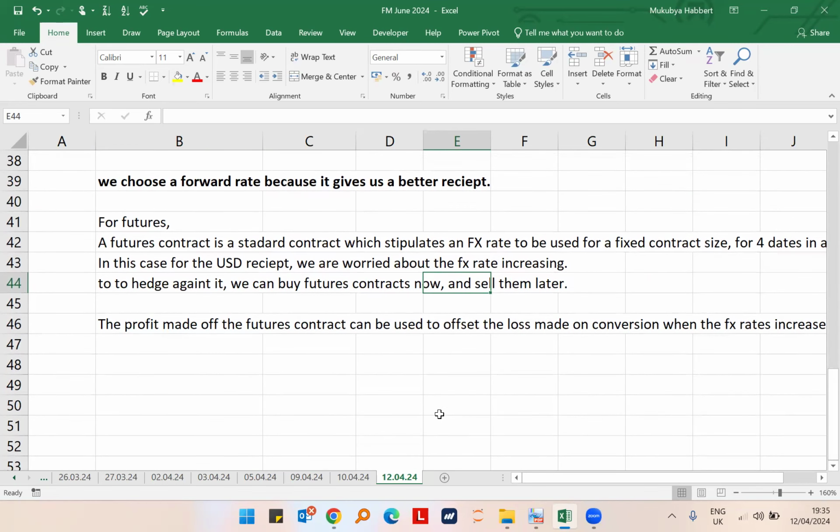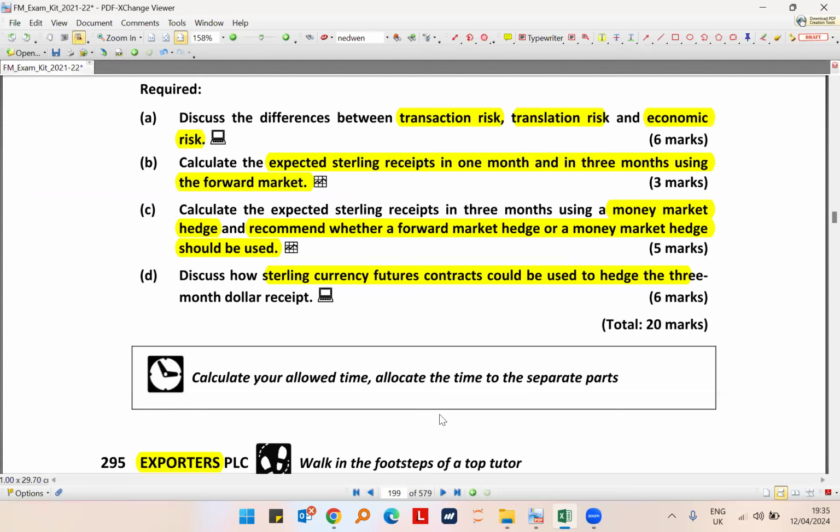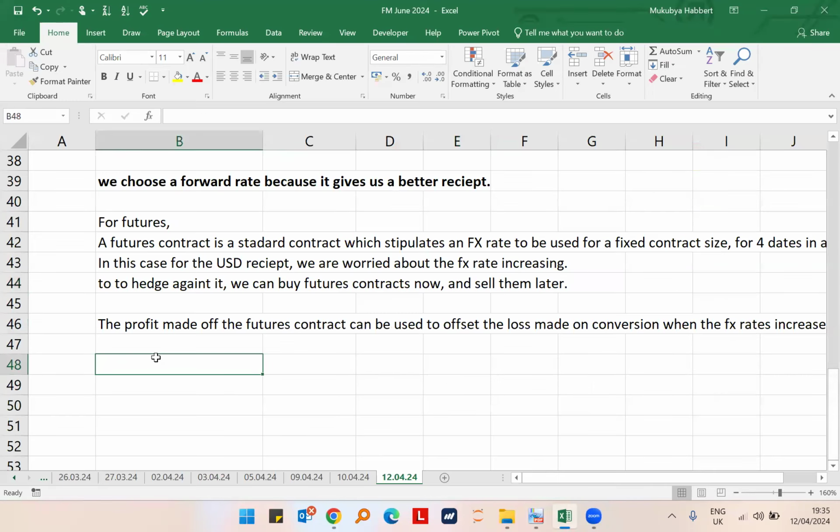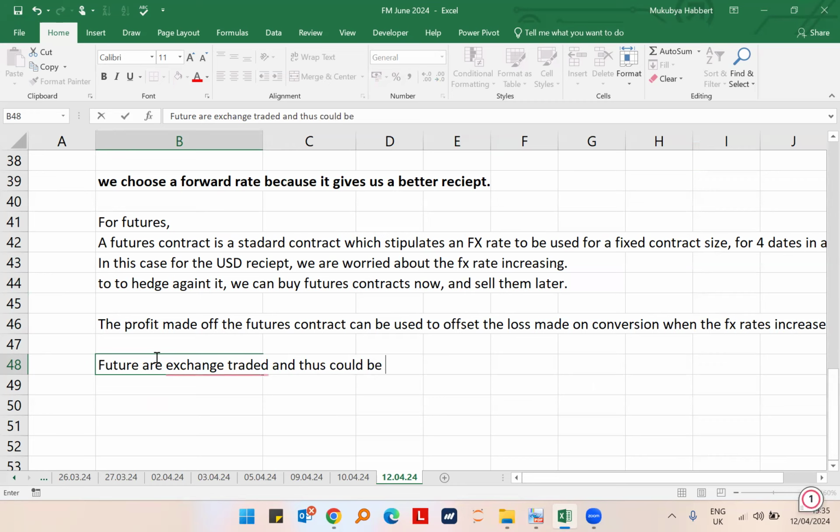Of course, if you go to the solution, you would find that they have mentioned other aspects of it, but the gist is that you need to understand what a futures contract is, and remember that futures are exchange traded, and thus could be used for speculation.